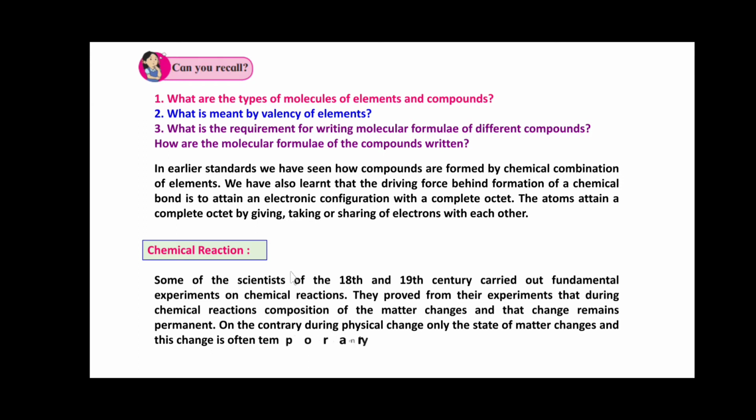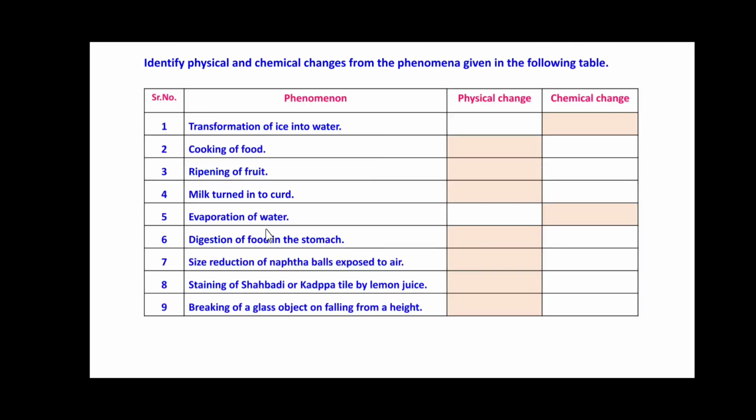Following is a table. From that you have to identify which are physical and chemical changes. Here you can see a table with the phenomena that we are going to consider, and whether each is physical or chemical. Friends, first is the transformation of ice into water.